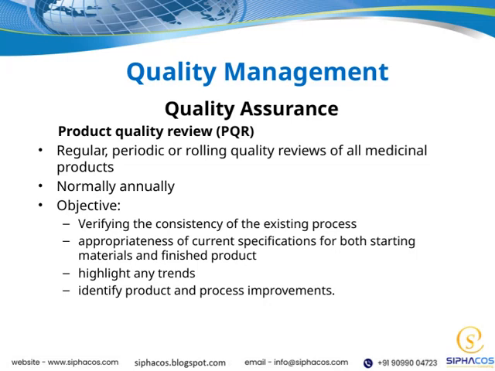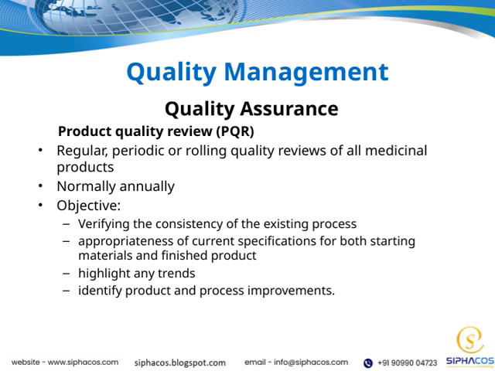Now, let's move on to the concept of quality assurance, which is vital for maintaining high standards in our medicinal products. One key element here is the Product Quality Review, or PQR. This involves regular, periodic, or rolling reviews of all our medicinal products. Typically, these reviews are conducted annually to ensure everything stays on track.